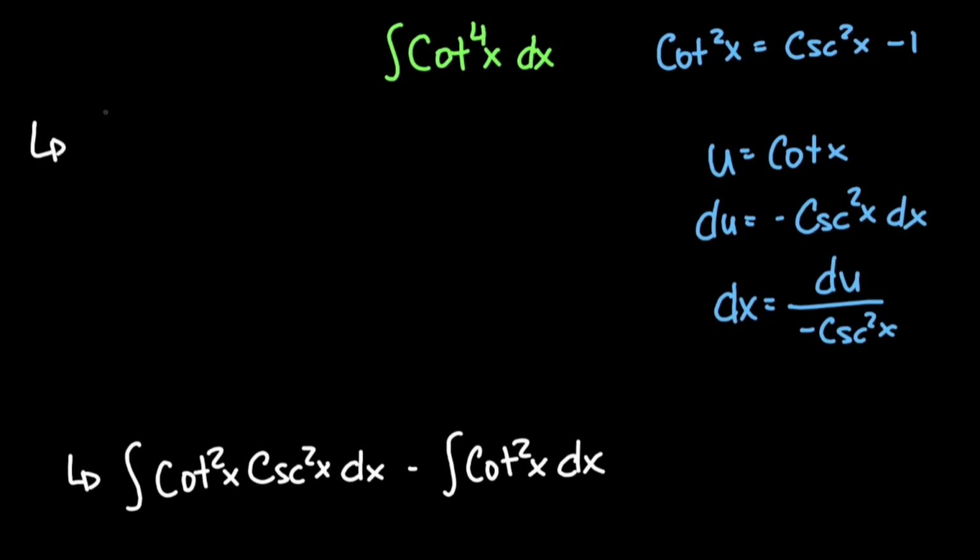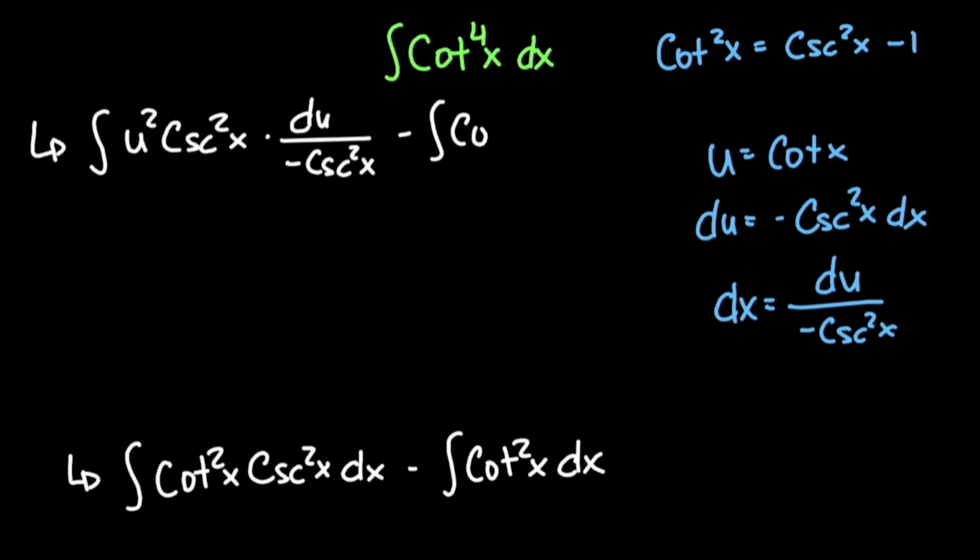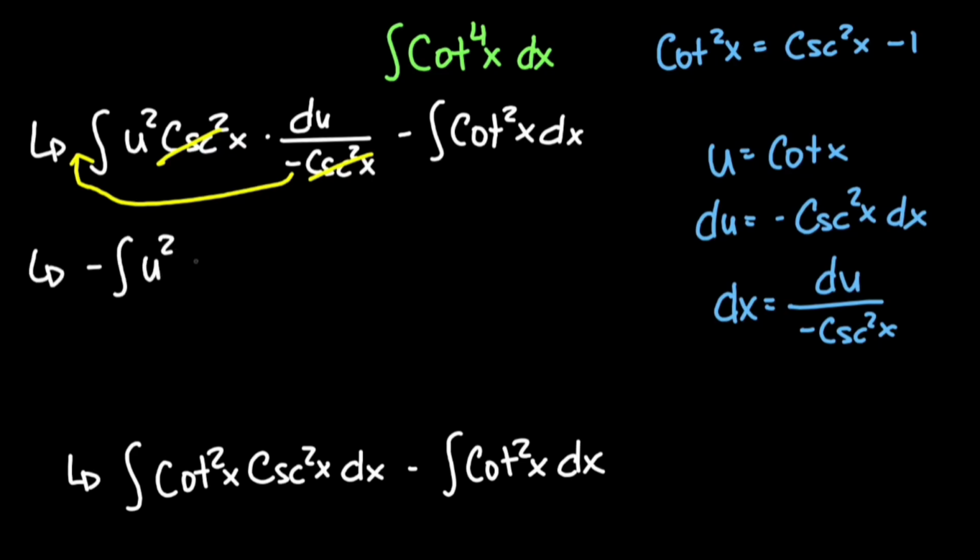Substitute it, so you would have the integral of u squared multiplied by cosecant squared of x multiplied by the value of dx, which is du over negative cosecant squared of x, and copy the rest. Cosecant squared x will cancel, and put the negative outside the integral. So what you have here is negative integral of u squared du minus integral of cotangent squared of x dx.